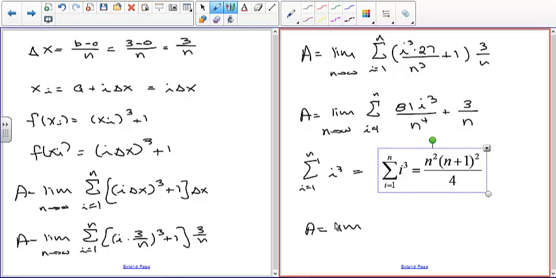So its limit as n goes to infinity of the summation i equals 1 to n, and for i cubed we put in n squared times (n plus 1) squared, all divided by 4. And then we have plus 3 over n.